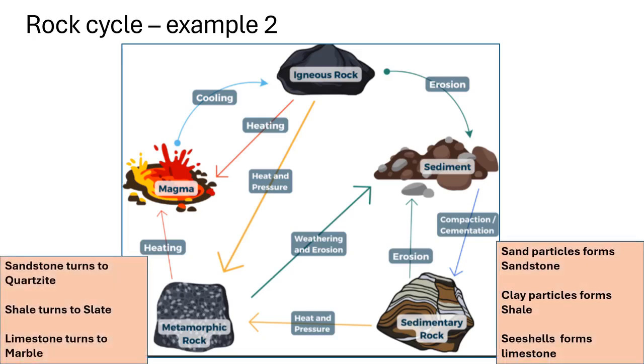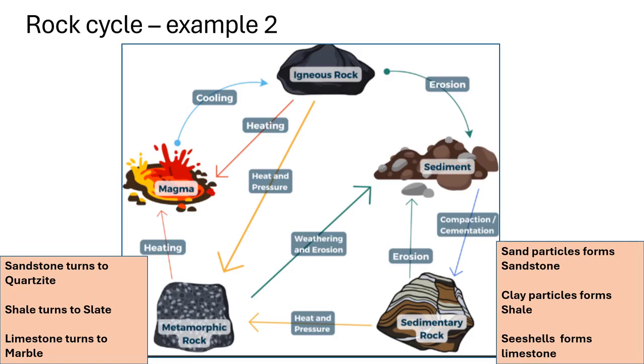Just quickly, I've included this also. This is just to show you, and I've already discussed this, how sedimentary rocks have their metamorphic equivalents. When sandstone, which is a sedimentary rock, changes to a metamorphic rock, it changes to quartzite.